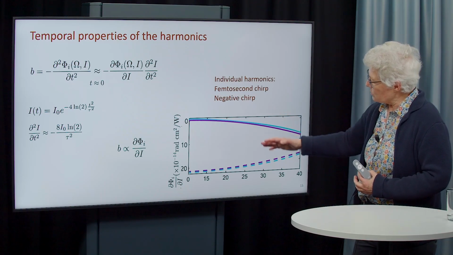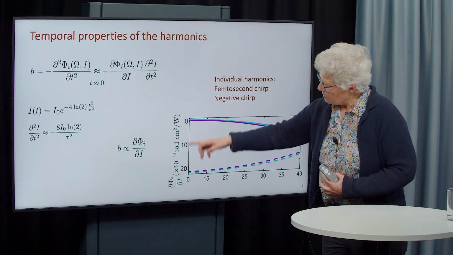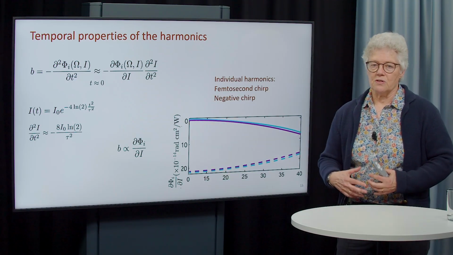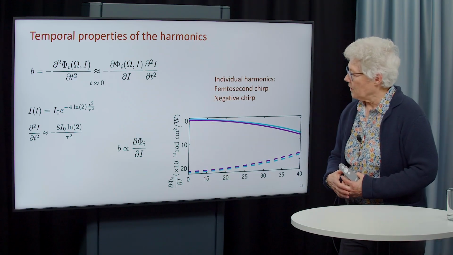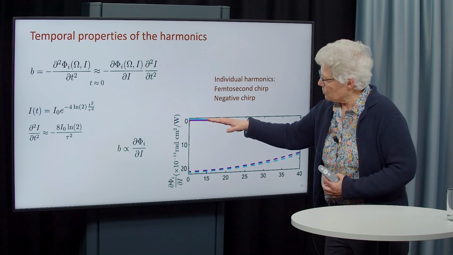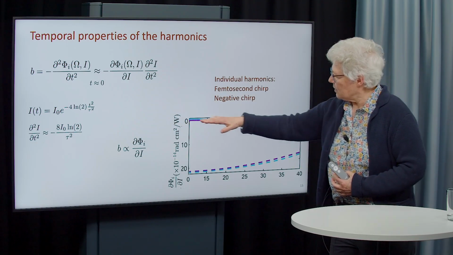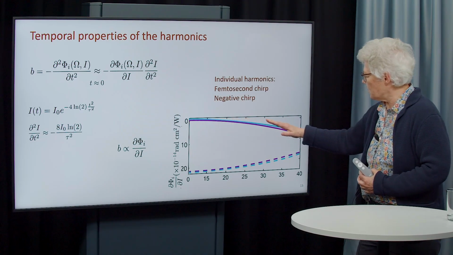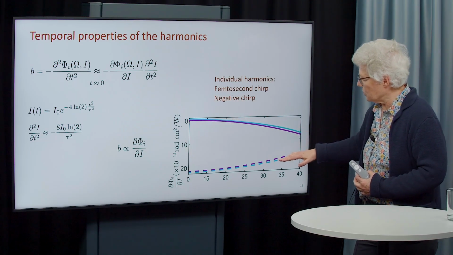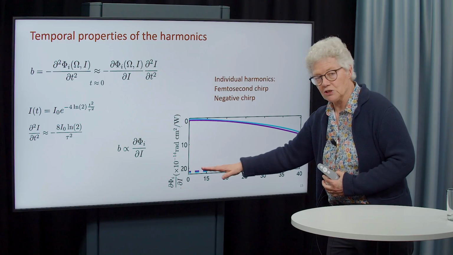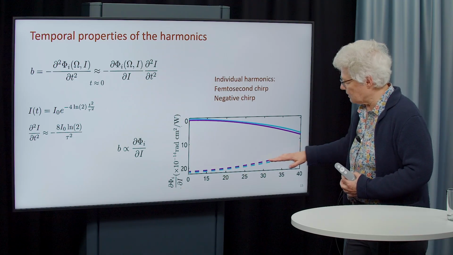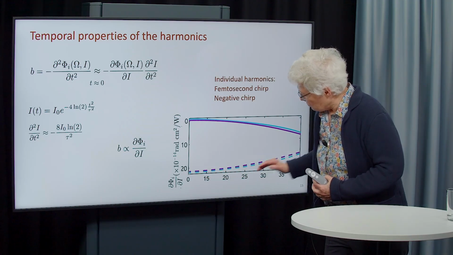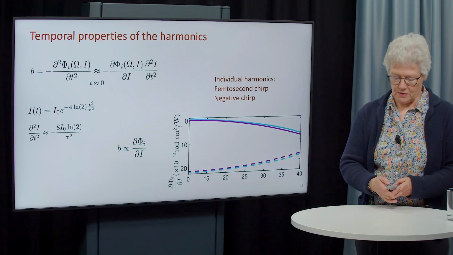What you see on this plot is that this derivative is always negative, so the harmonic pulses have a negative chirp, close to 0 for the low order harmonics generated with a short trajectory, and it decreases. Then for the harmonics generated with the long trajectory, it's also negative, and this time getting more and more negative for the low order processes.